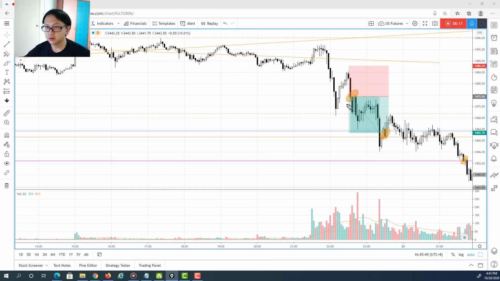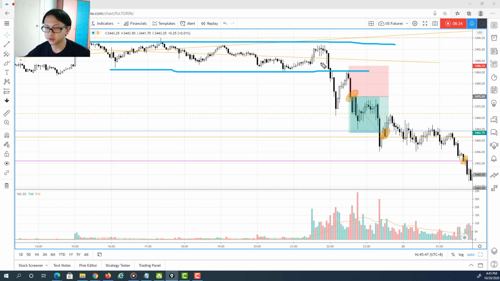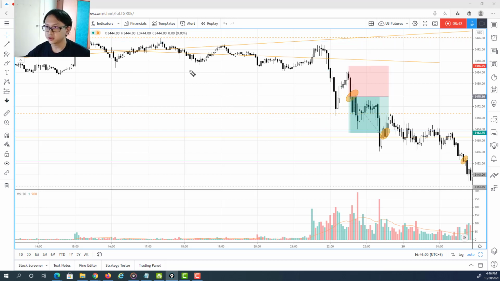Okay, a lot of times we seldom see this kind of beautiful setup as per the textbook style. So this is a breakout of the support, followed by a pullback to test the now resistance, the support become resistance level, and eventually you can just trade it to the downside as well. Okay, so this is a textbook style setup.